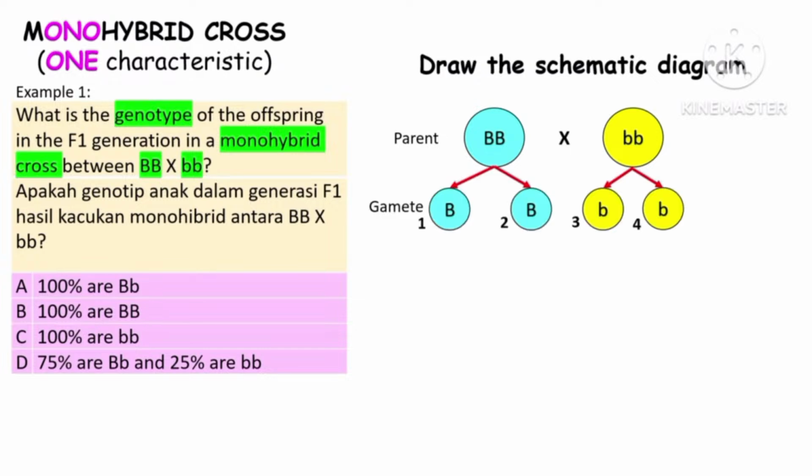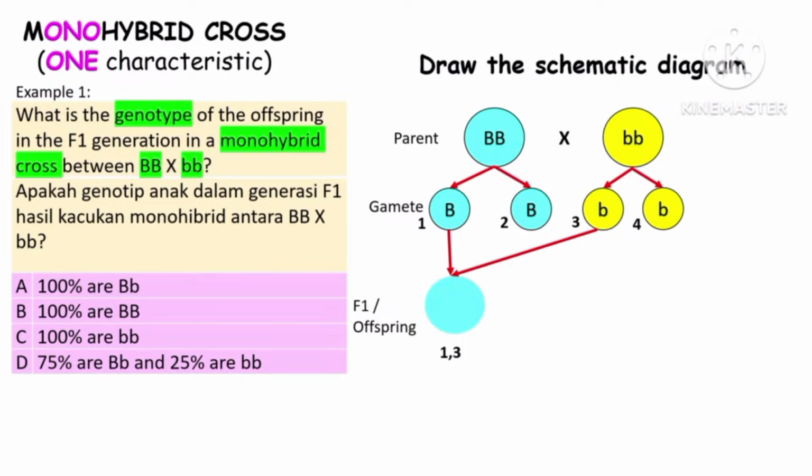Next, separate the gametes. As stated in Mendel's first law, each gamete can only carry one allele. I already separated the gametes and wrote each gamete in a circle. Each circle is labeled 1, 2, 3, 4. This is not necessary; I just labeled the circles as a guide for you to get the genotype of the offspring.